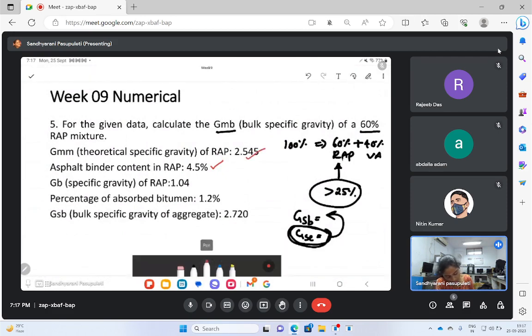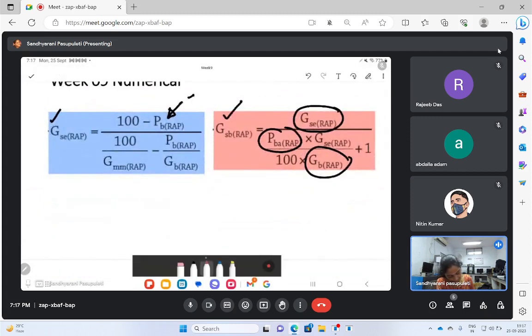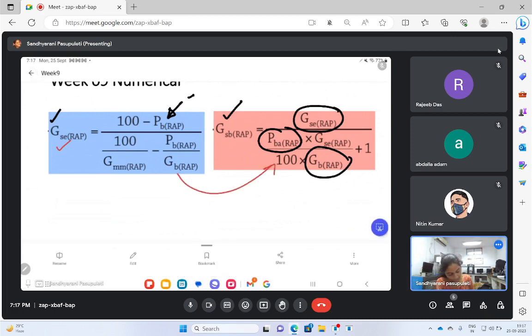GMM is given as 2.548. Absorption is given, Gb is given, Gsb is given. So all the details required here are given, so we can calculate GSE. Once the GSE is calculated, if we substitute here, we will get the GSB.